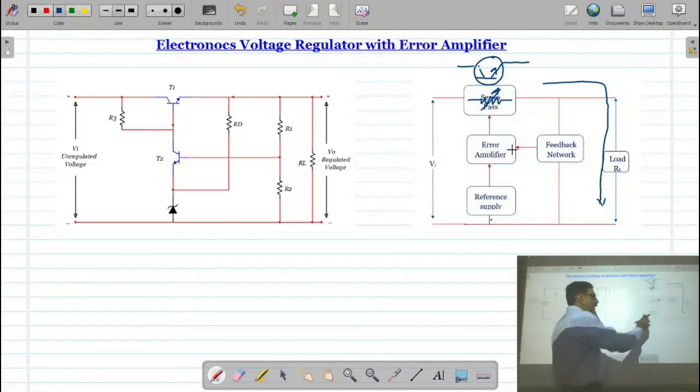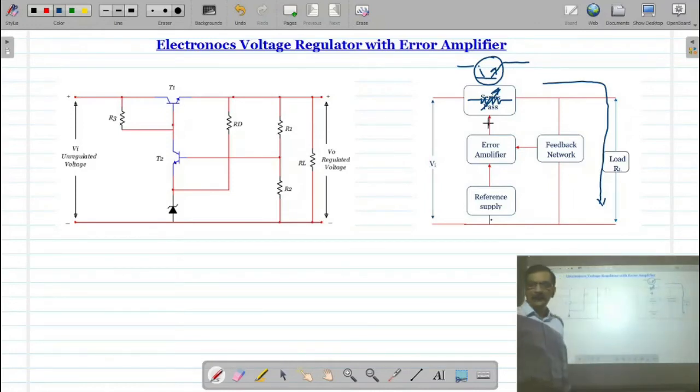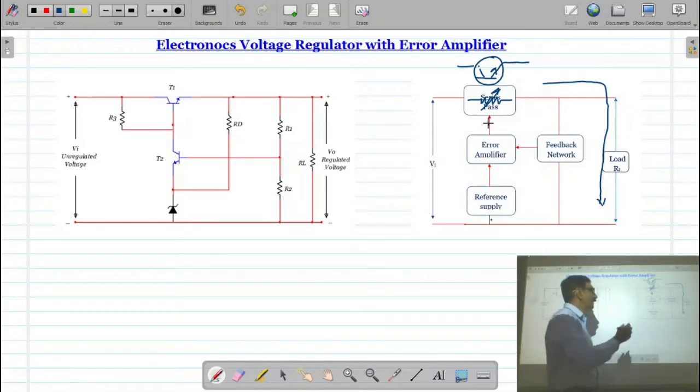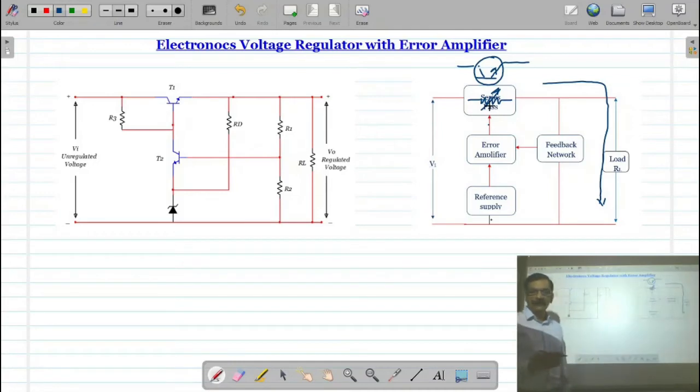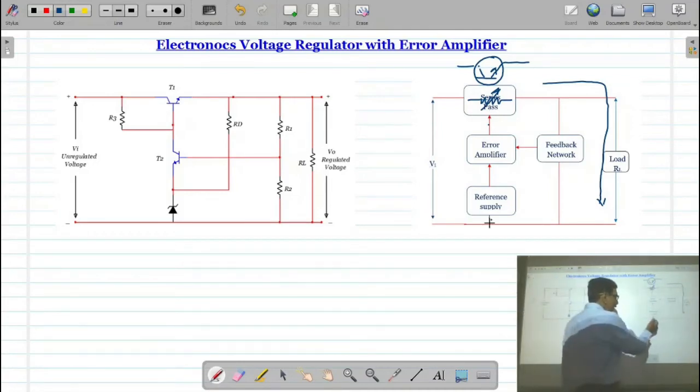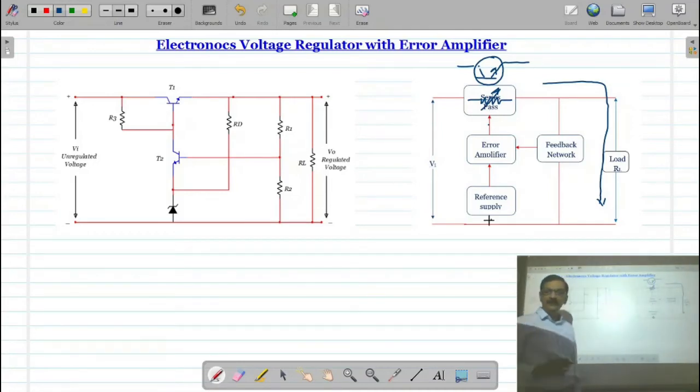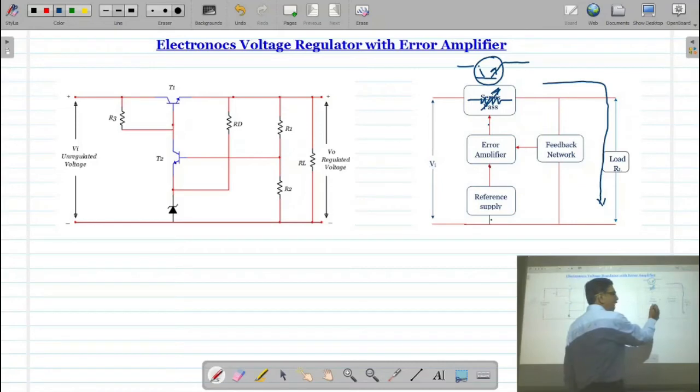Whatever the difference between these two voltages is, that produces the output voltage of the error amplifier, which increases or decreases and controls the series pass element. Reference supply means that voltage remains constant.